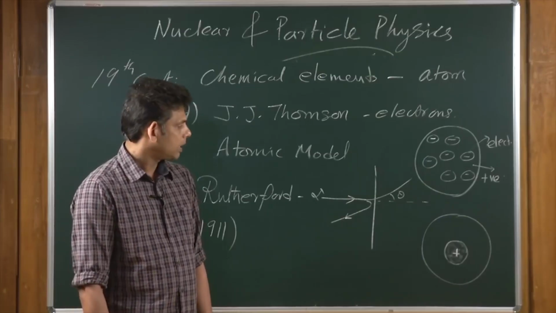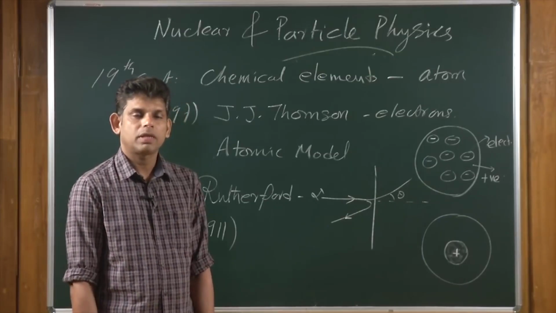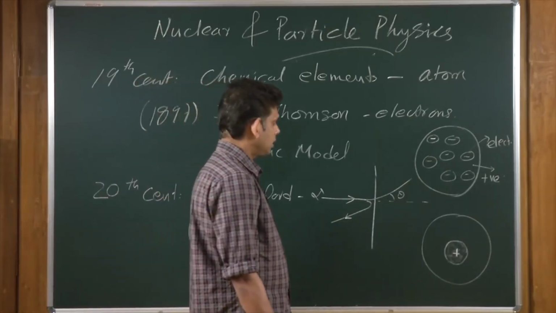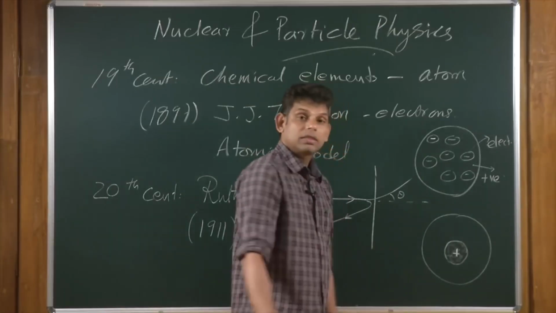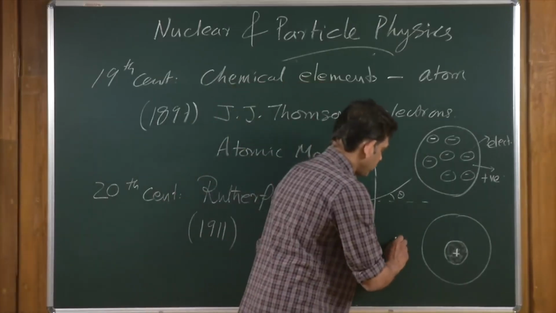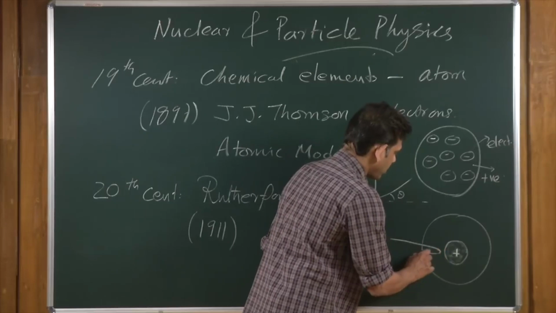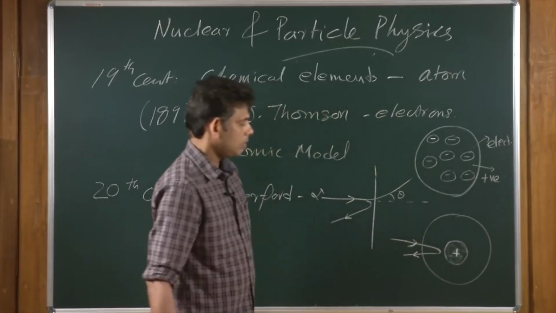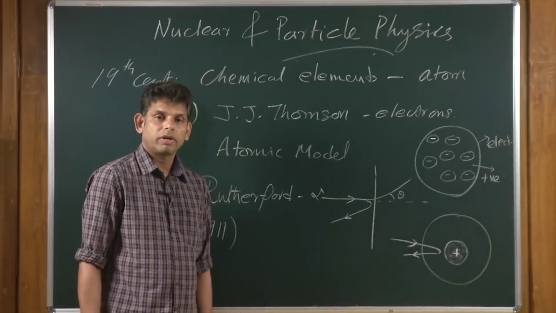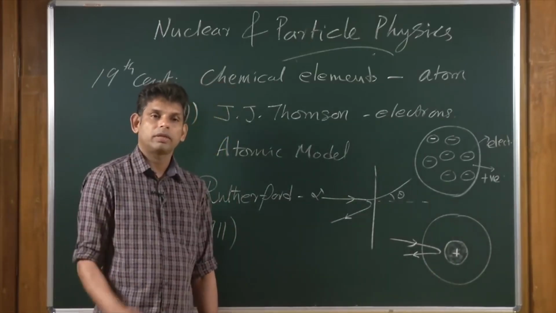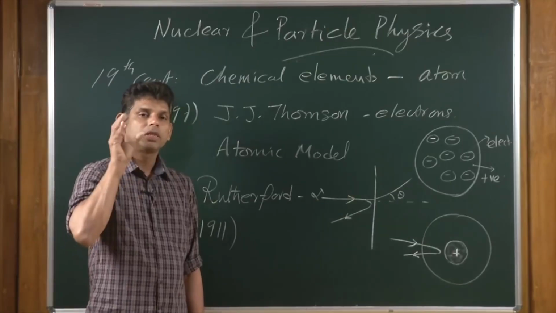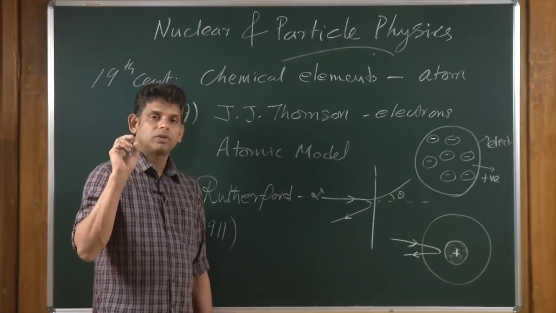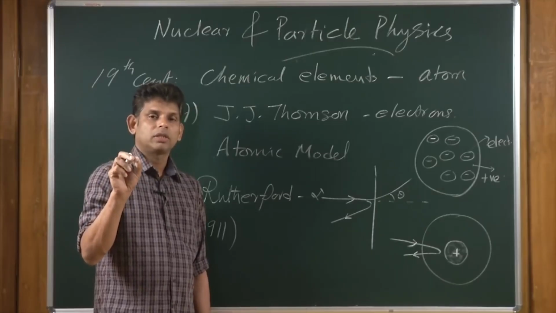But at least his experiment, the alpha particle scattering experiment, could be explained this way: the fraction of alpha particles in the beam which go near the nucleus will return.